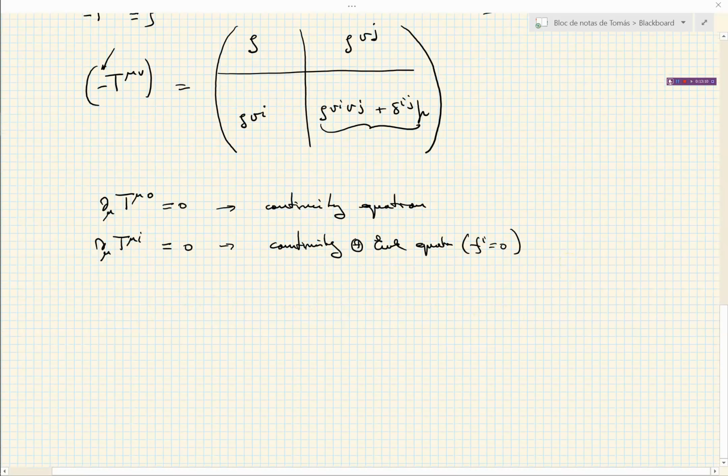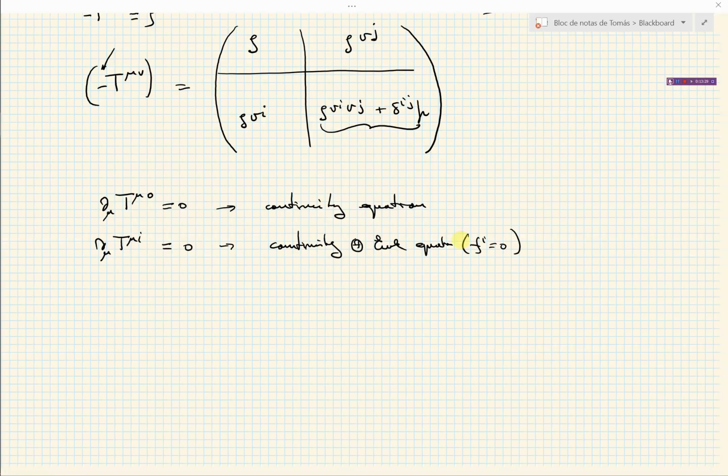So you could recover from this combination the continuity equation and the Euler equation separately. And this is interesting because you see that the conservation of this Newtonian stress energy tensor gives you the equations of the fluid.